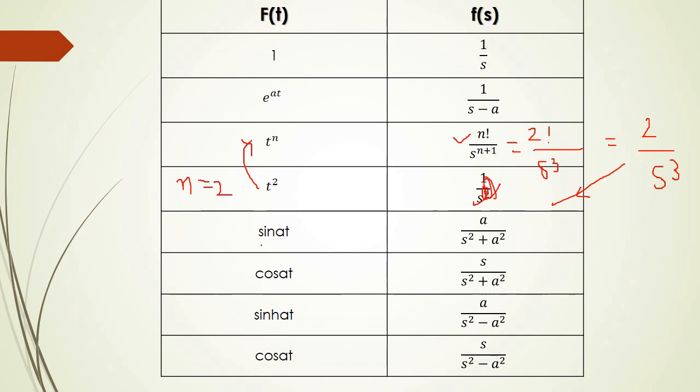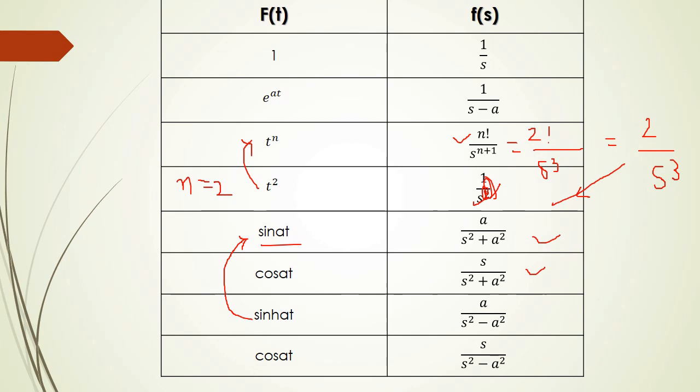So in case of sin at, it becomes this. In case of cos at, it becomes this, as we have already proved. For sinh at, for better understanding, we will show you the difference. Basic difference is here. At the denominator, there is a positive sign in between s square and a square.